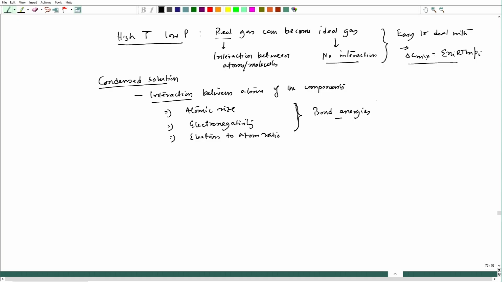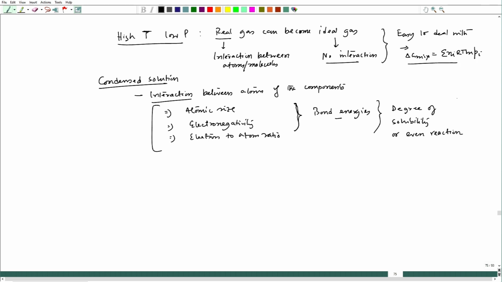Finally, this would also affect the degree of solubility or even reaction. Those atoms can react with each other and then form a different phase altogether. So, it is not very easy to deal with the condensed solution when we try to understand the equilibrium conditions. And that is the solution behavior.